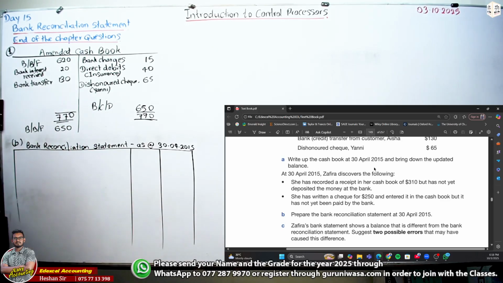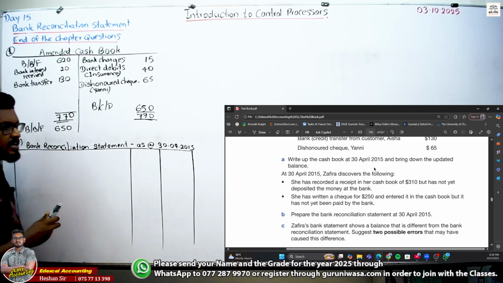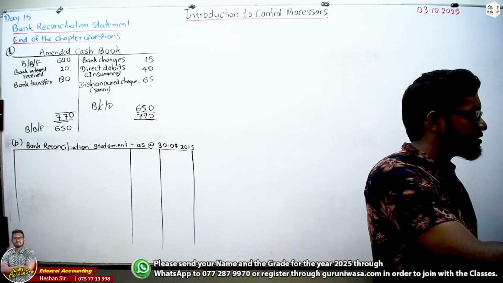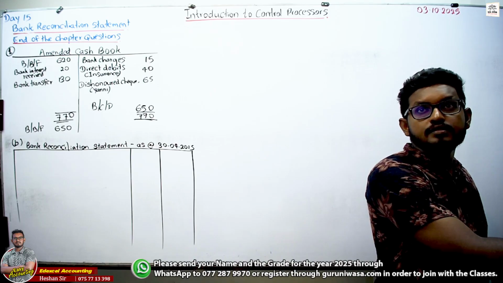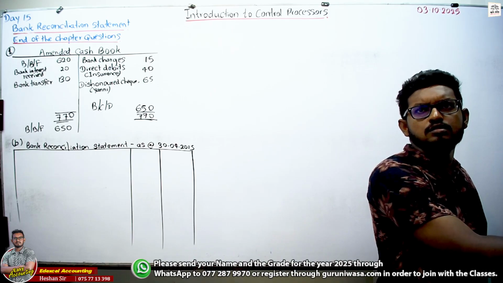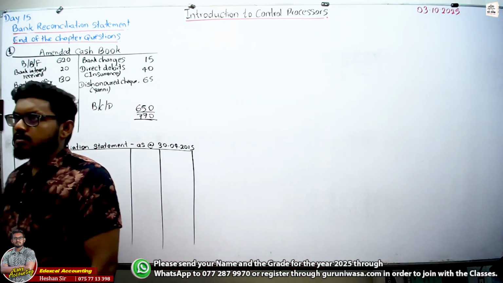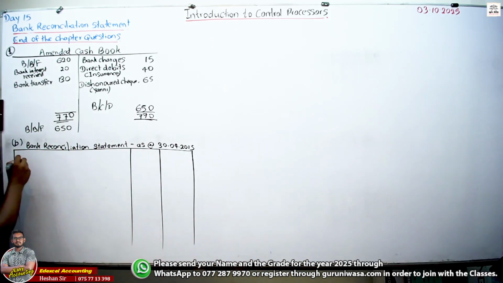Now, you can see balance as per amended cash book. You can write it here: balance as per amended cash book.